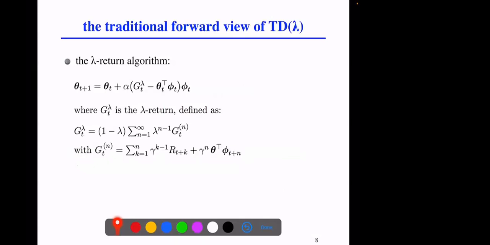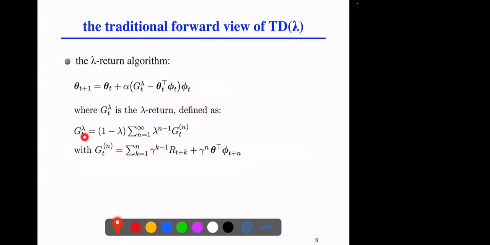But it is a valid method, because the values it computes are very closely related to the lambda return algorithm. I showed you this before the break as well, but now we have the same update for linear function approximation.